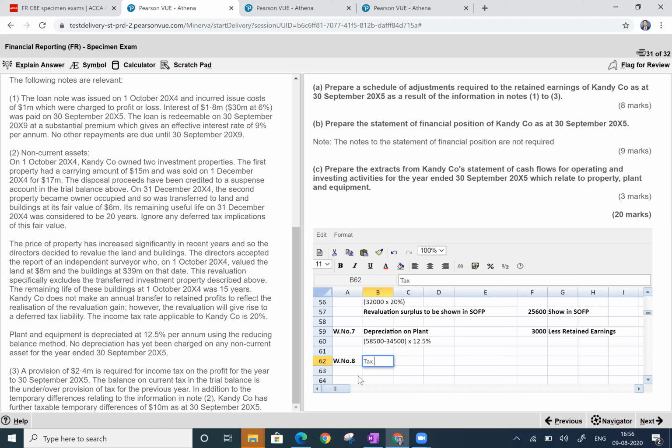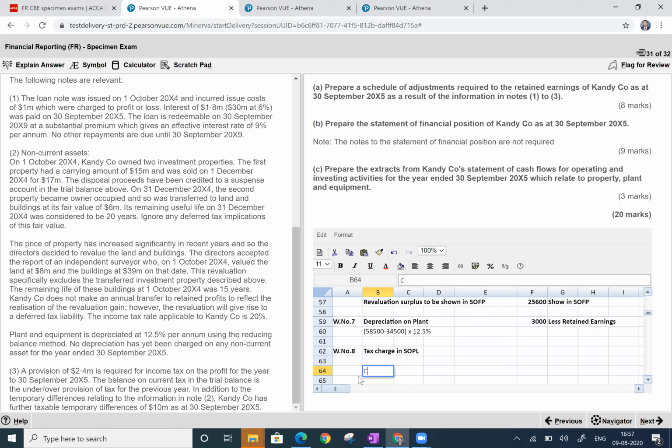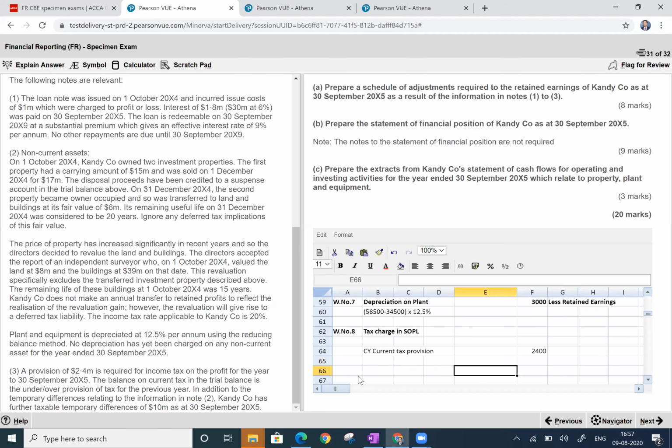And if you're really good, it will increase your chance of getting a rank as well, a global prize as well. So working note number 8, tax charge in SOPL. So current year current tax provision. How much is it? It's given 2.4 million, 2,400. Add under provision of previous year.